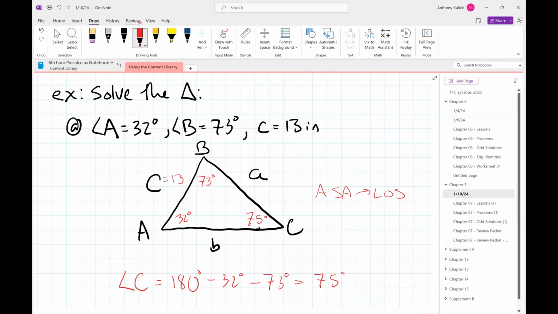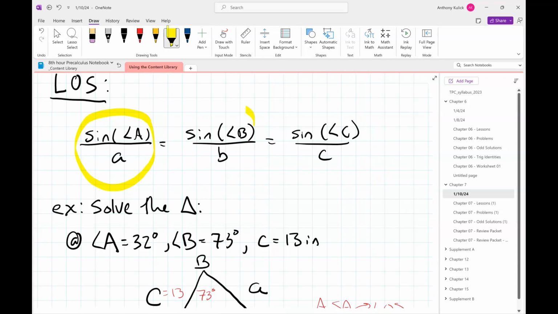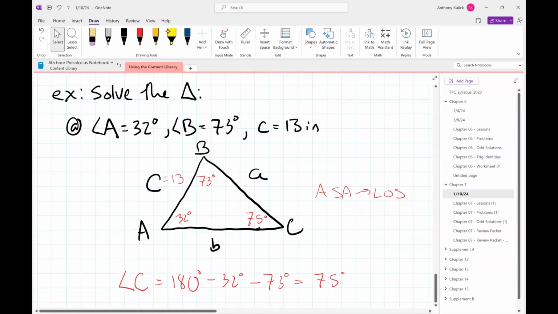Okay. I'm left to solve side A and side B now. To do that, I'm going to use the law of sines. To use the law of sines, I must know both the side A and the angle A, or the side B and the angle B, or the side C and the angle C. So my first order of business is I want to look at my picture and see which side-angle pair I know both of.